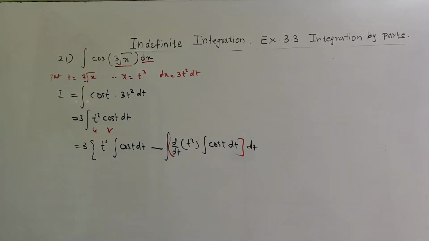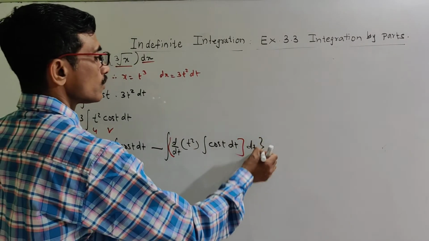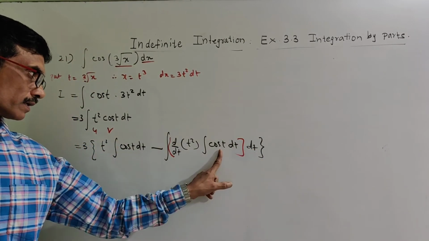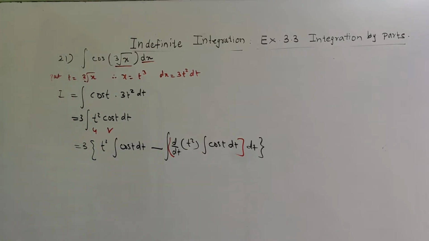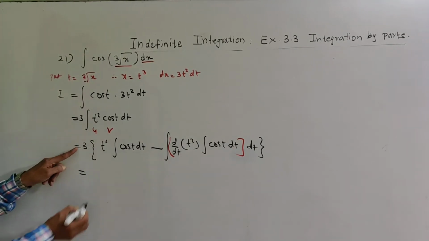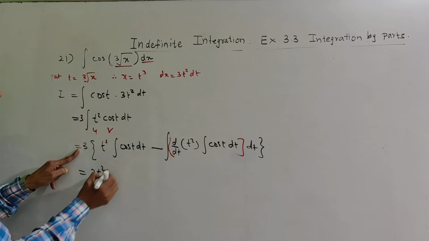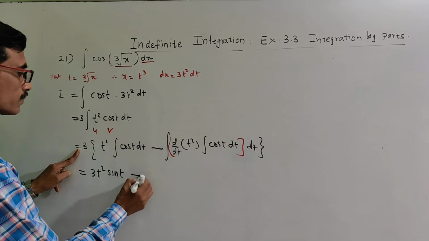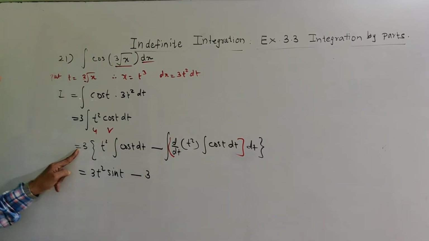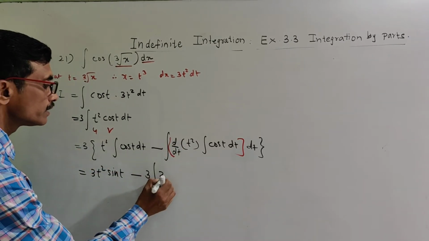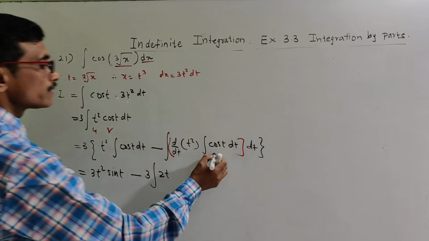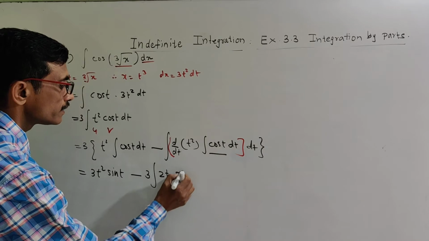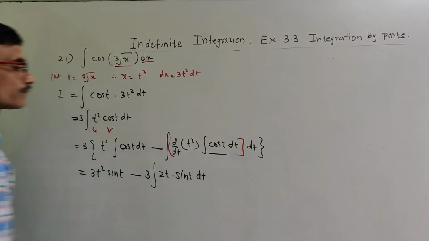Then this 3 is multiplied to all the terms. Here integral of cos is sin t, here also sin t, and this is 2t. This is 3t square sin t minus 3, and this derivative is 2t, and the integral is sin t dt.